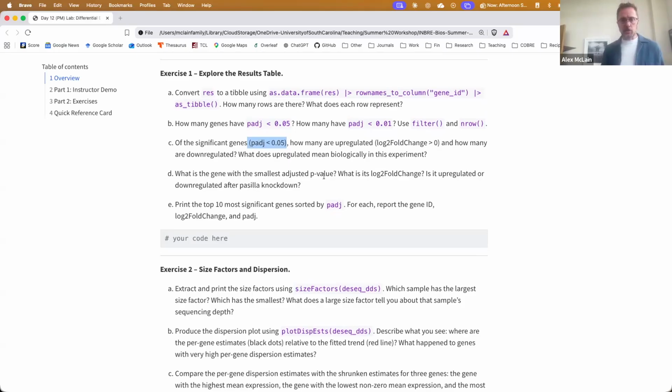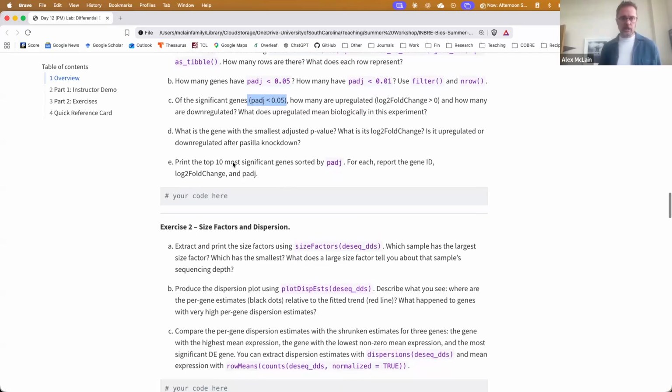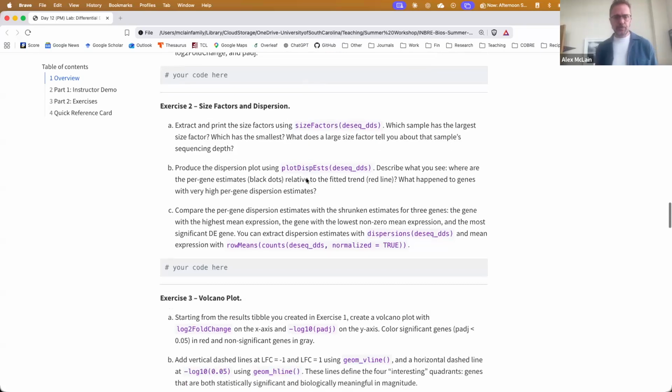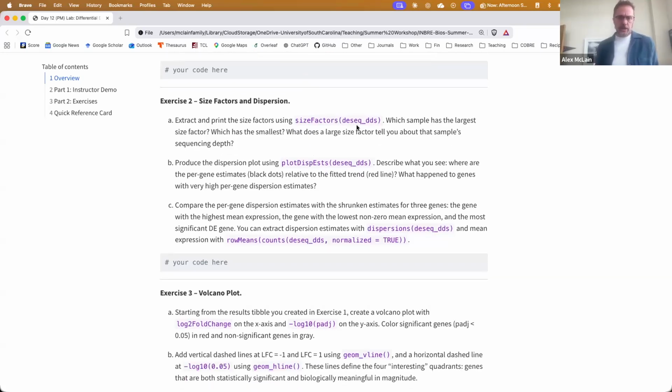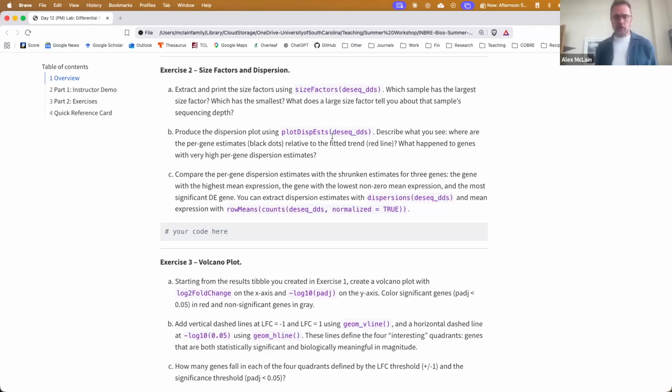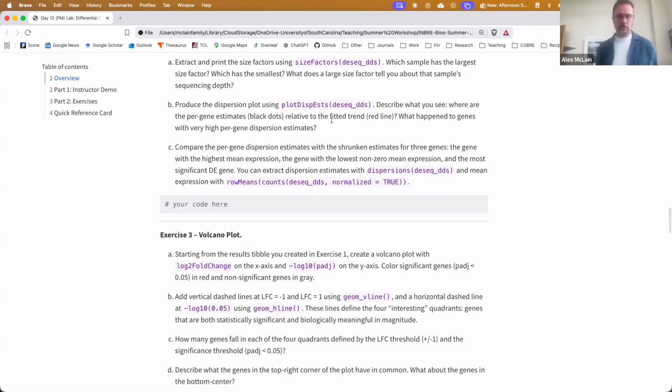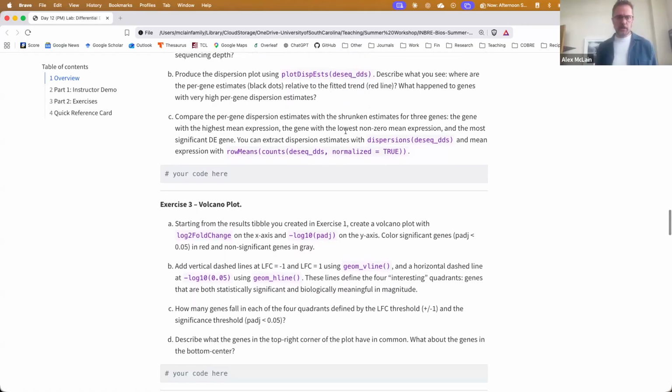What is the gene with the smallest p-value? What is the log2 fold change for that gene, upregulated or downregulated? And print the top 10 most significant genes by p-adjust. Just repeating the things that we worked on in the morning. Size factors, getting those, and the dispersion estimates, getting the plot of those, and just, hey, what do we see from that?